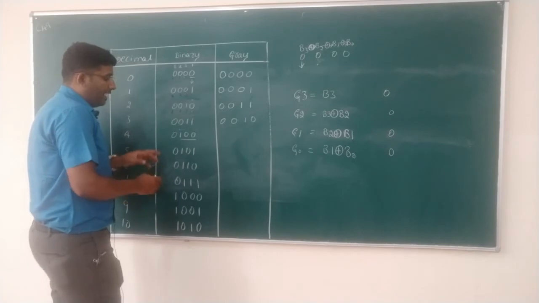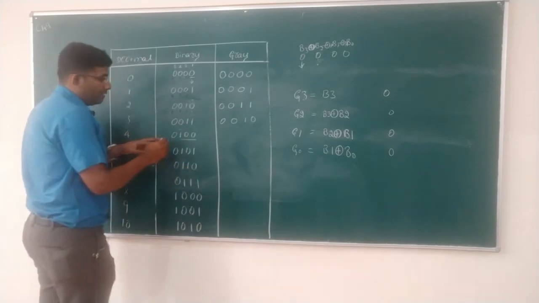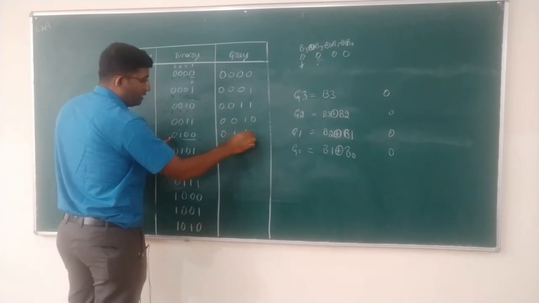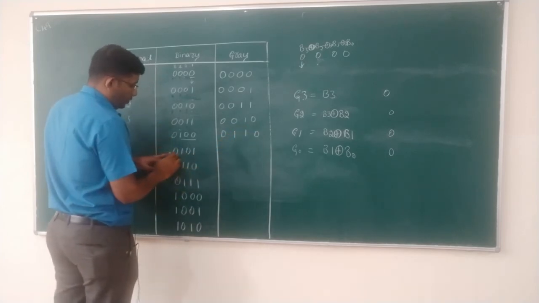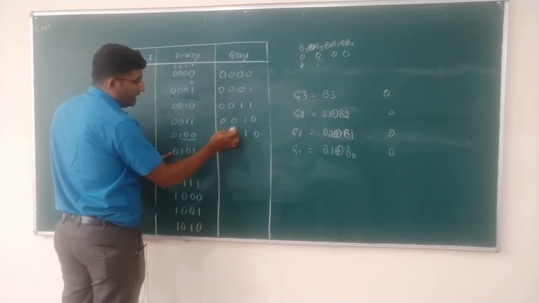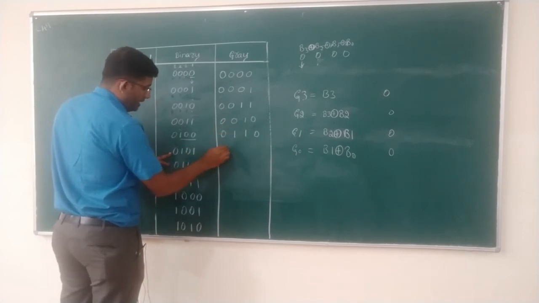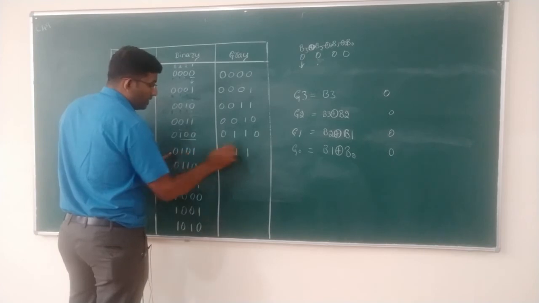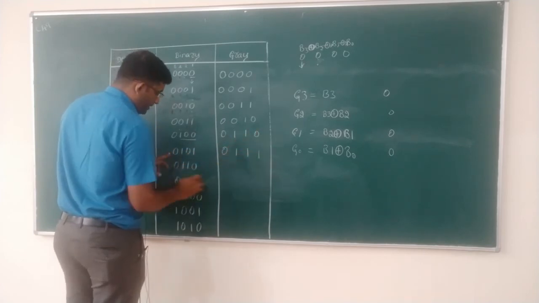Continuing with the other bits. 0 as it is, 0 plus 1, 1, 1 plus 0, 1, 0 plus 0, 0. Here also only this bit is changing. 0 as it is, 0 plus 1, 1, 1 plus 0, 1, 0 plus 1, 1. Only this bit is changing.